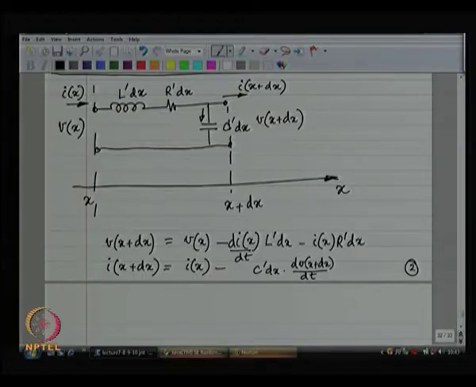So, I have applied a voltage V of x at the input side, and on the output side it is V of x minus the drop across the inductor, that is L di by dt, minus the drop across the resistor, that is resistance times the current. So, that is what I have got.